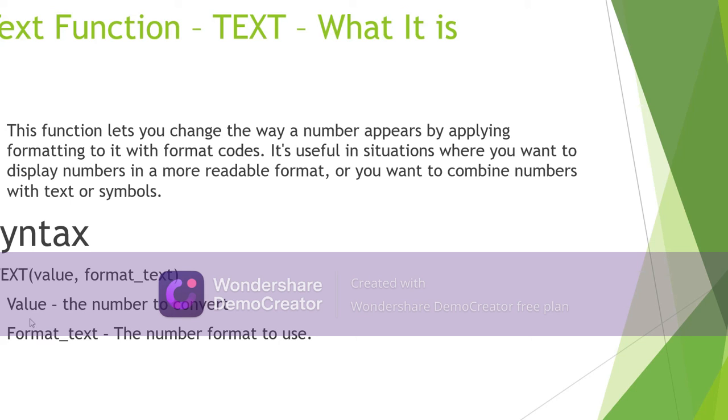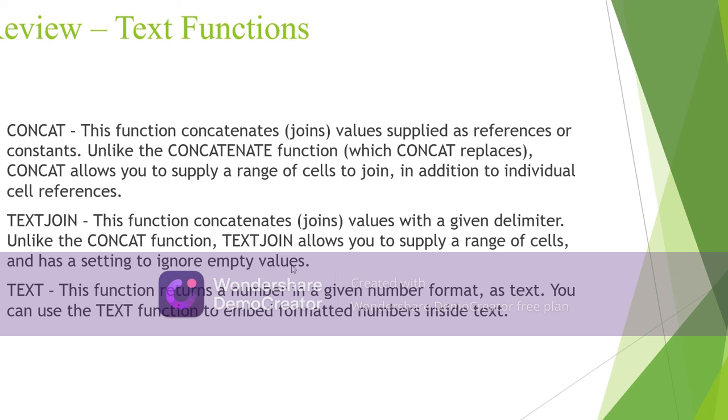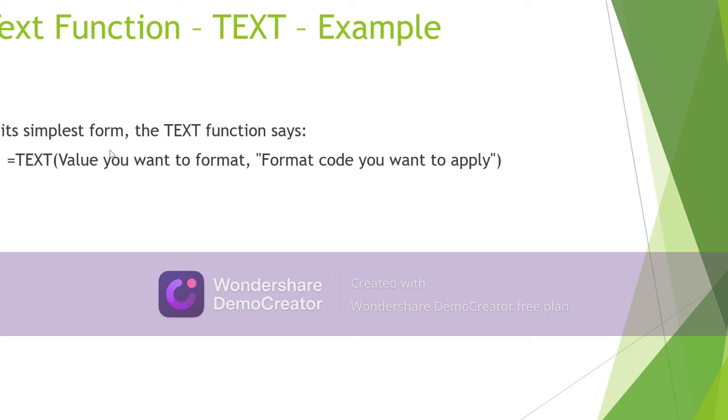The first argument is value, the number to convert. And then you have format_text, and that's the number format you want to use. So, in its simplest form, the text function says equals text, open close paren, the value you want to format, and then the format code you want to apply. Now, if we look at an example, you'll see what I mean.